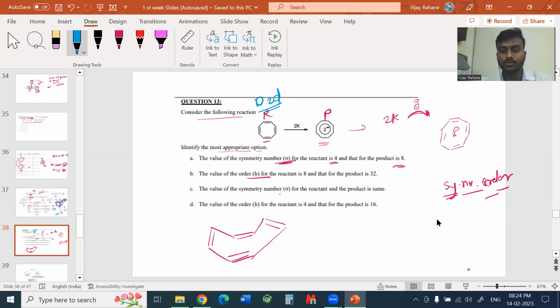And where does the product belong? See the product, when it has the 2 minus charge, this molecule becomes aromatic. So it is the planar one now.